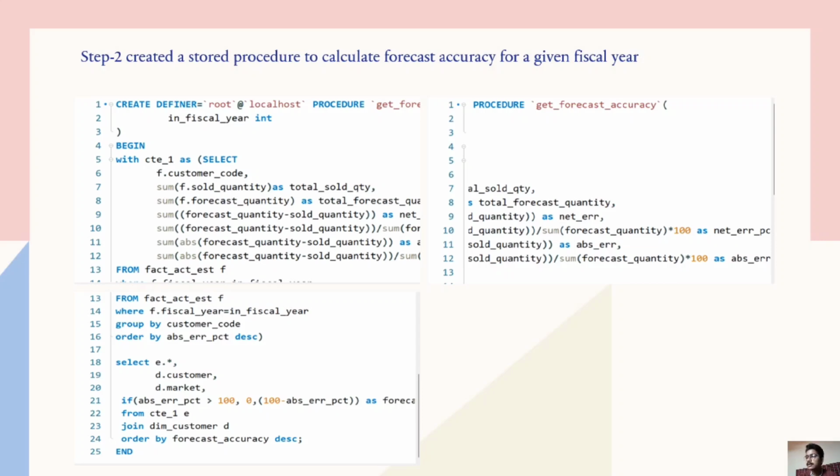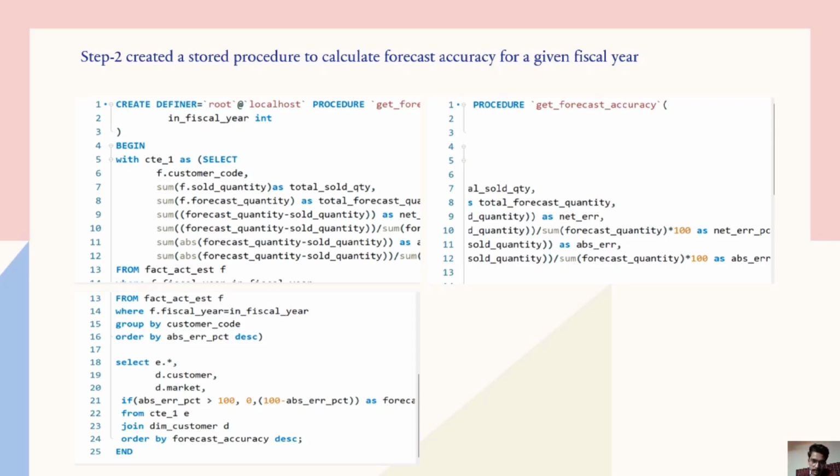Then the absolute net error, which we can calculate by performing the absolute function on the net error, and the absolute net error percentage, that is the total absolute error upon the total forecast quantity. And at last, the forecast accuracy, which is 1 minus absolute net error percentage.